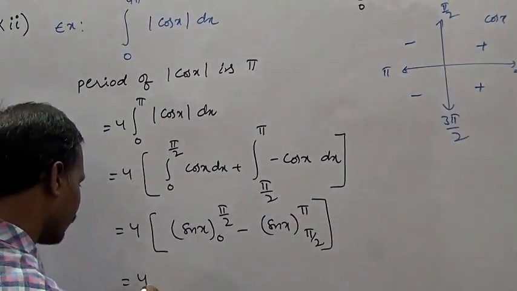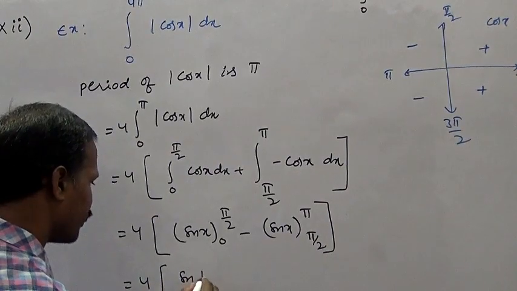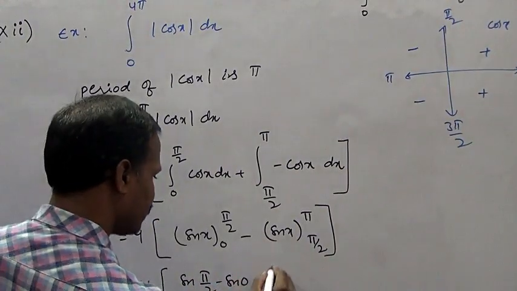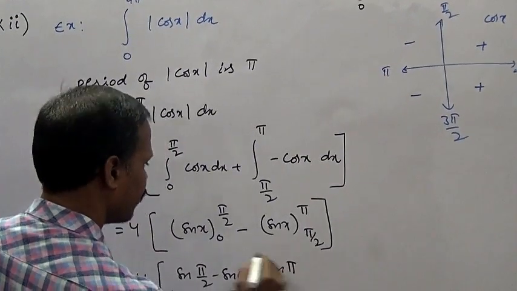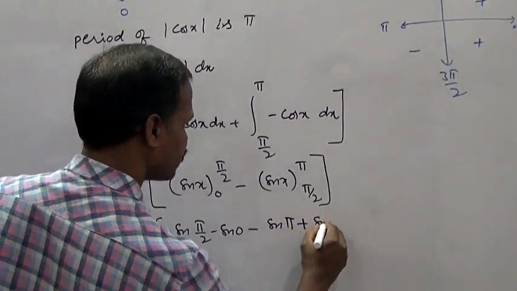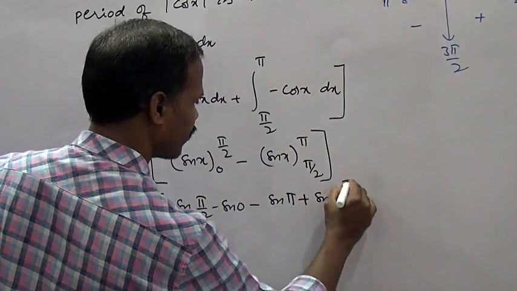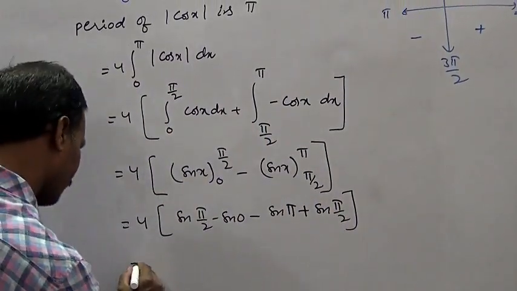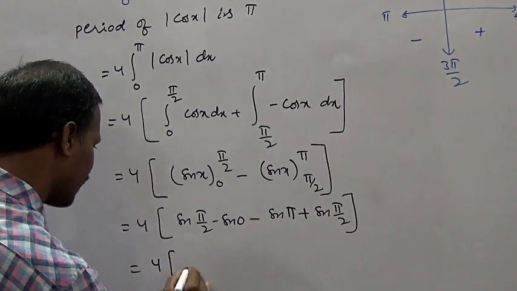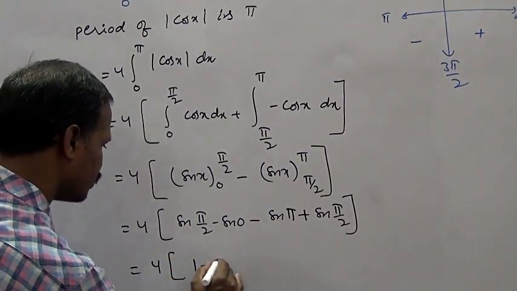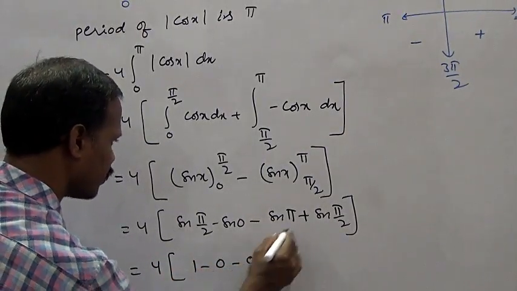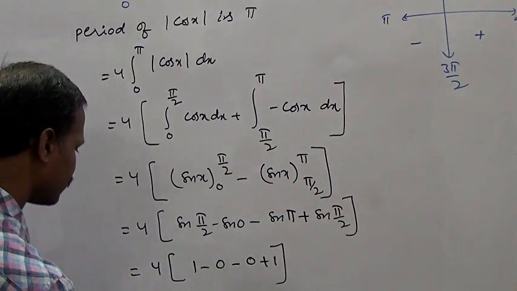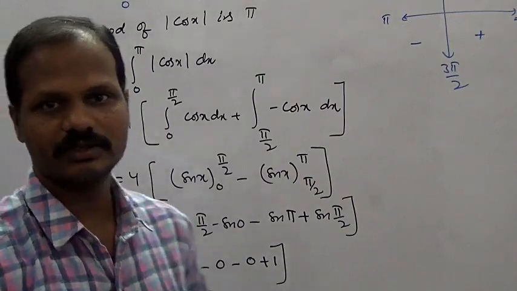This equals 4 times sin pi by 2 minus sin 0, minus sin pi, minus of minus plus sin pi by 2, using the fundamental theorem of integral calculus. Now sin pi by 2 is 1, sin 0 is 0, sin pi is 0, sin pi by 2 is 1. So 4 into 2 is 8. Understood?